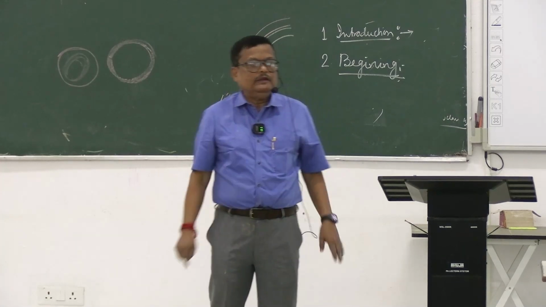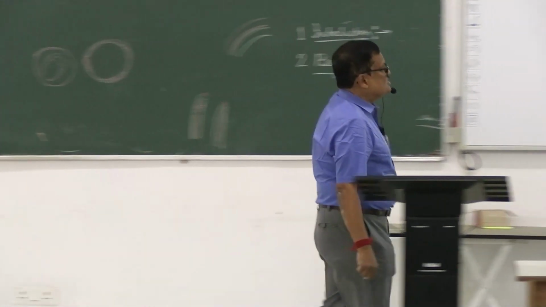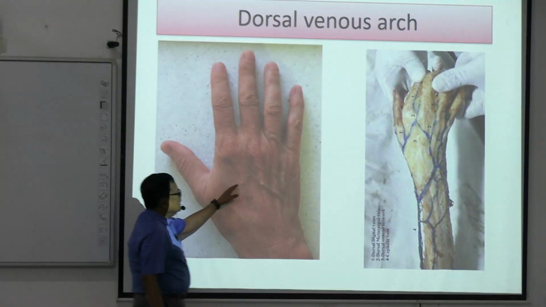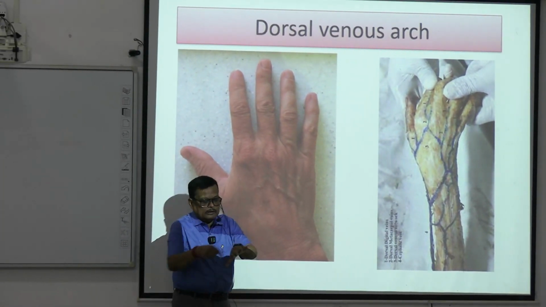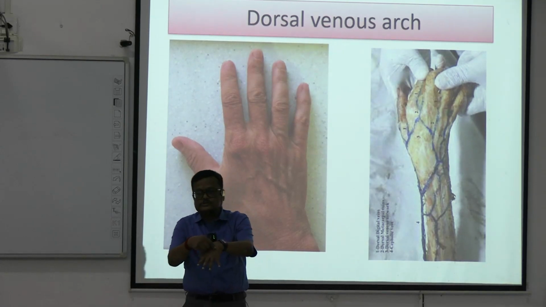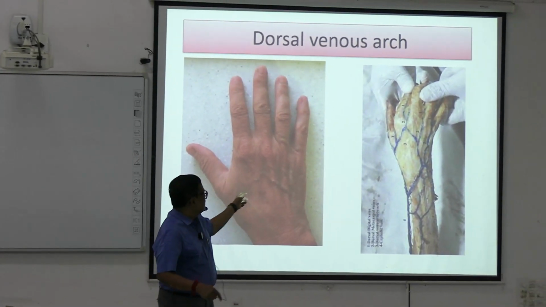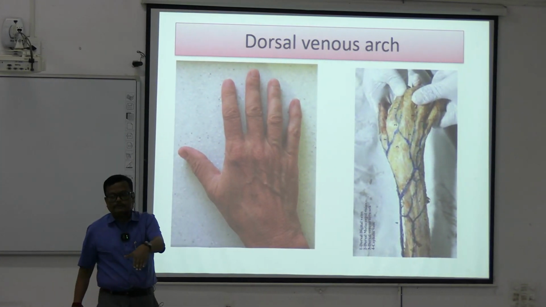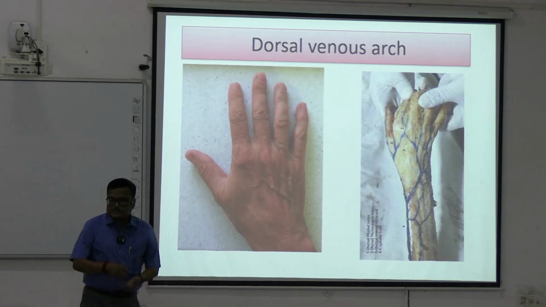Before going to the beginning of the cephalic vein, you must have some idea about the dorsal venous arch, a superficial venous network found here. In a thin person, you can see it like this on the dorsum of the hand.